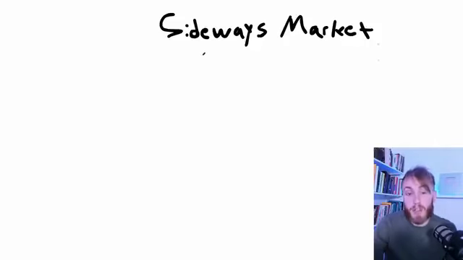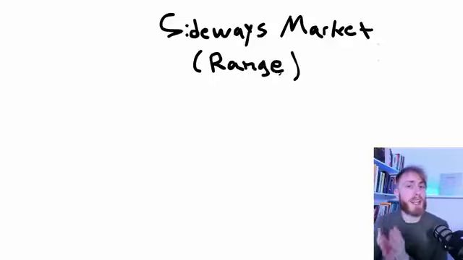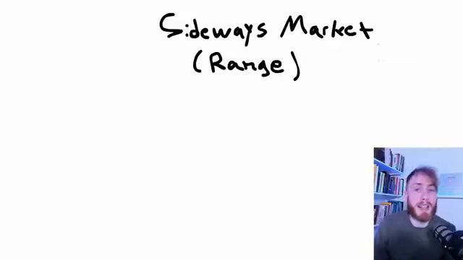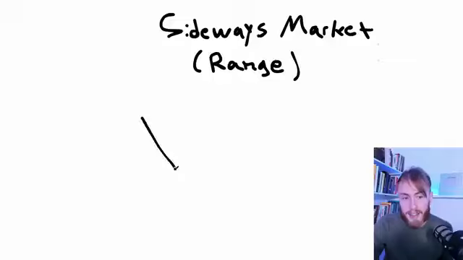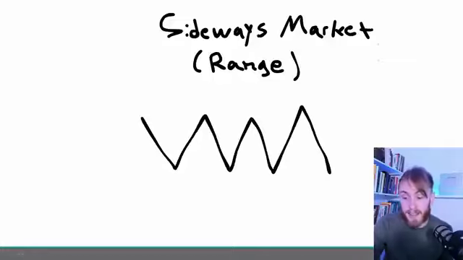So the sideways market, or another word for this, remember, is trading range. Here, the sideways markets can actually be a little bit more complicated than the uptrend and the downtrend, because many people, when they think about sideways market, they think about a market that simply has the lows and the highs at the same level.